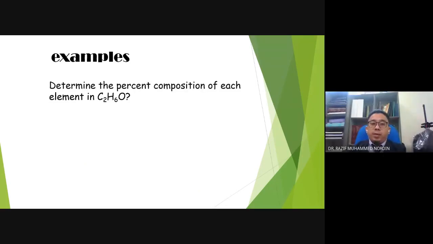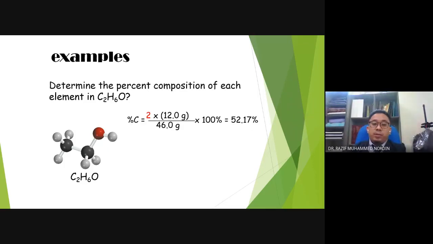Okay. And then in determinations of percentage composition for each element, C2H6O. Ni structure of C2H6O.